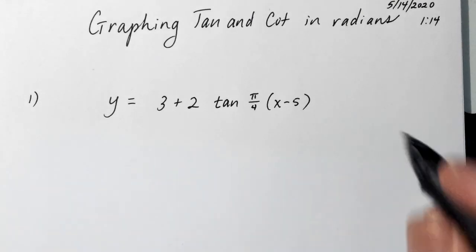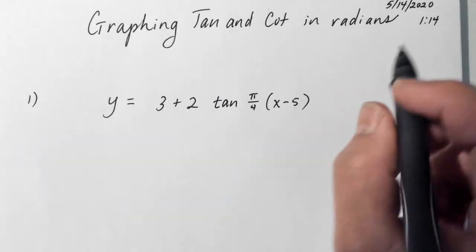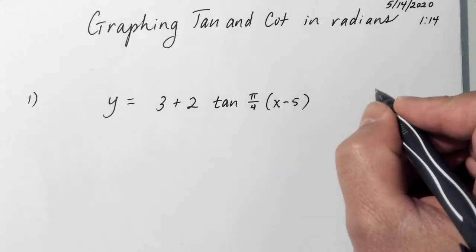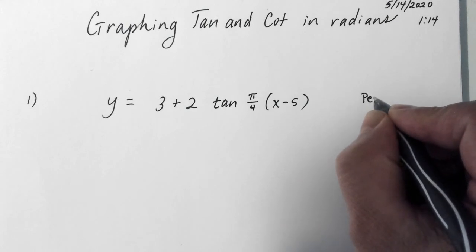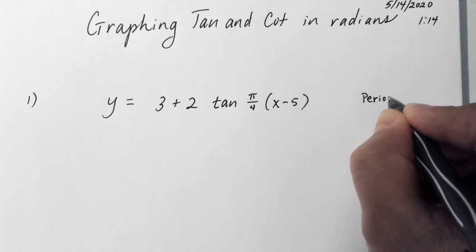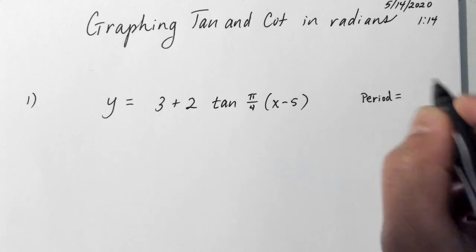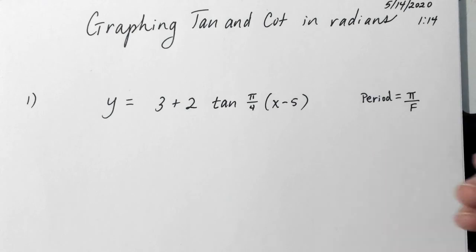So, here we go. Remember, for tangent and cotangent, the period is not 360 degrees, it's exactly half of that, so 180 degrees. And because we're dealing with radians, we need not 2 pi, but 1 pi. So it's going to be pi divided by the frequency.